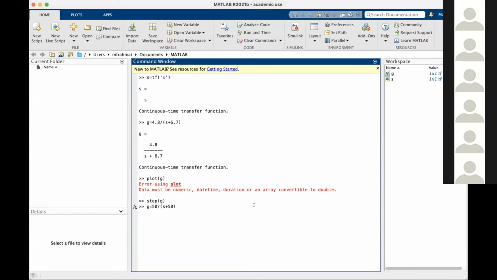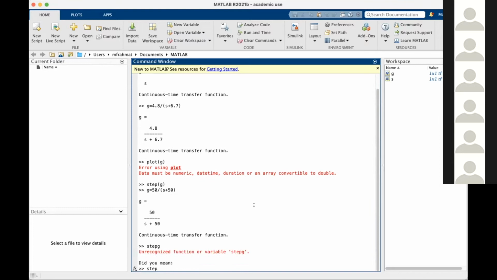Okay. How to plot the graph? Command. Step function. Step G. There's a bracket.